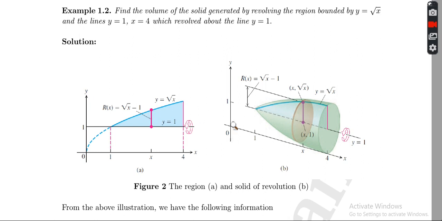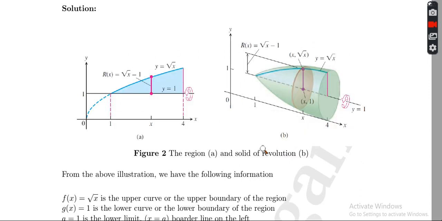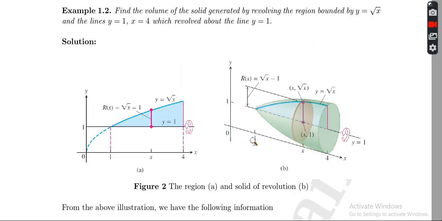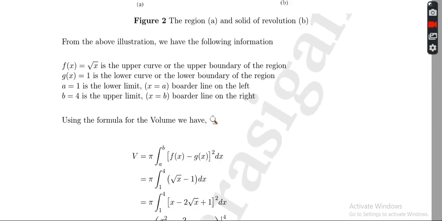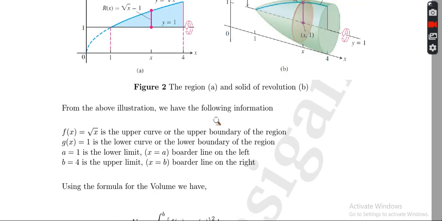Okay, so for the formula, kailangan natin again ang f of x, we need g of x, we also need the lower limit and the upper limit. So kailangan natin yung upper boundary.